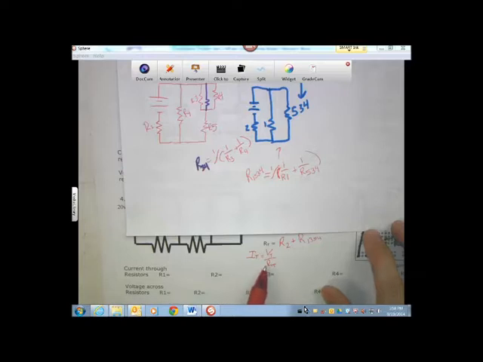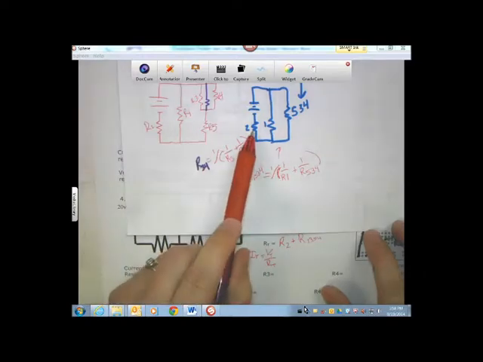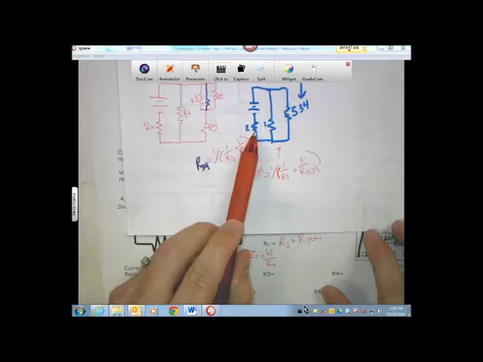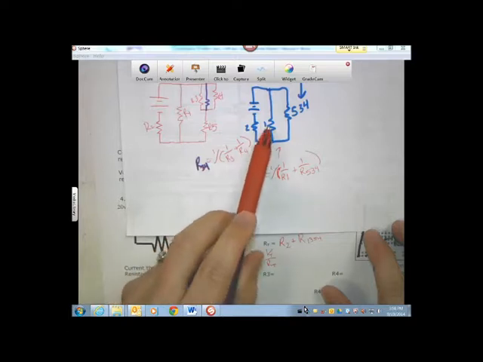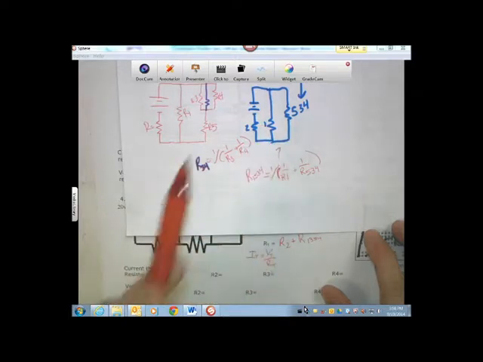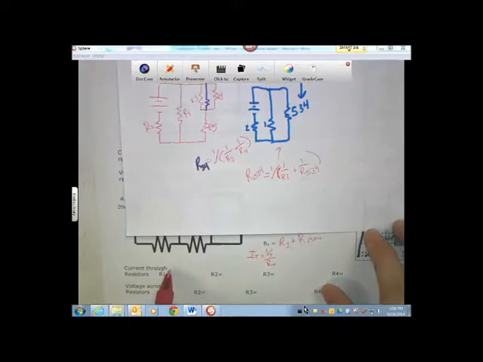And knowing that, I see resistor 2 here is in series with the battery before it goes to parallel through 1 and 5 through 4. So I know that the current across resistor 2 here is going to be I total.